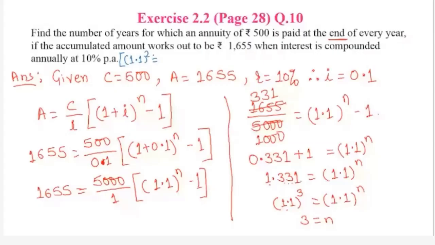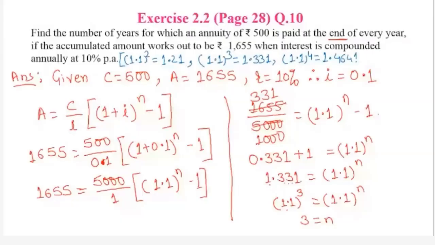Can anybody tell me 1.1 raised to 2 is how much? Okay, I got it now. 1.1 raised to 2 is 1.21, comma, 1.1 raised to 3 is equal to 1.331, comma, 1.1 raised to 4 is equal to 1.4641.